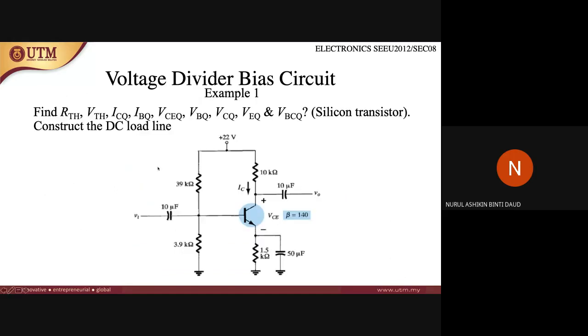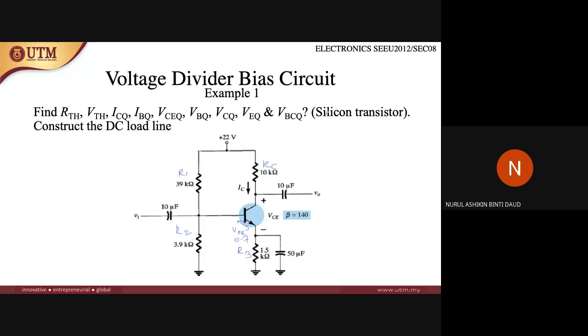Okay, so let's look at the example here. This is the voltage divider circuit. There are R1 here, R2 here, RC here, and RB here. First of all, they said it is a silicon transistor, so it means the VBE value is 0.7.